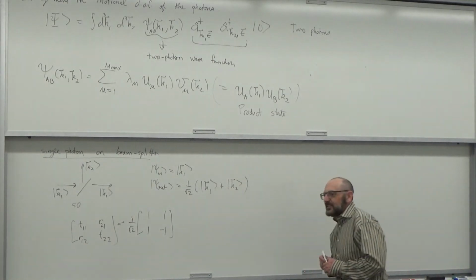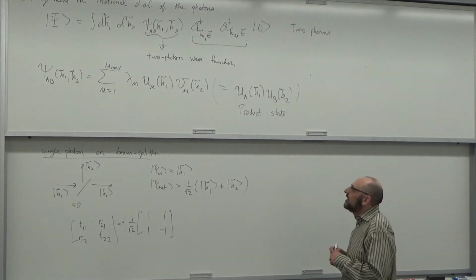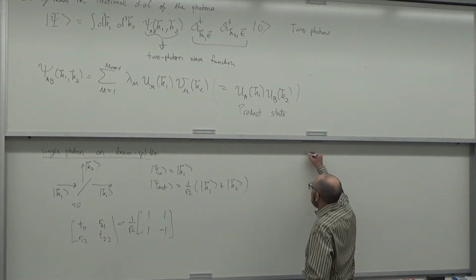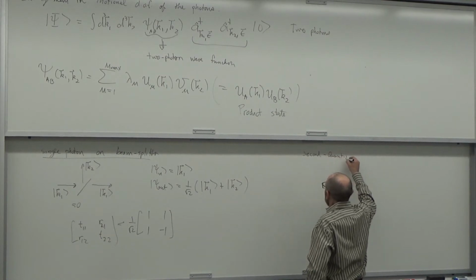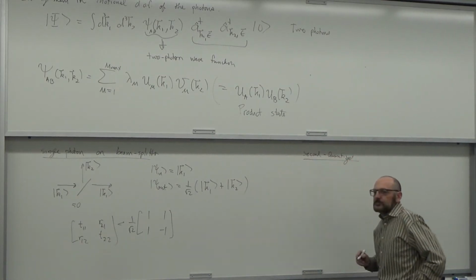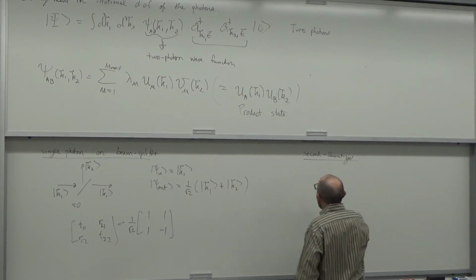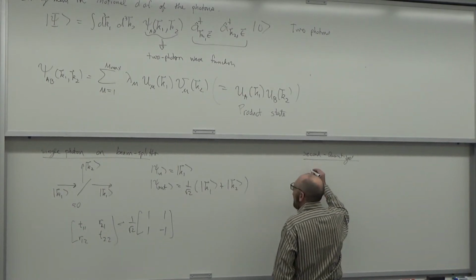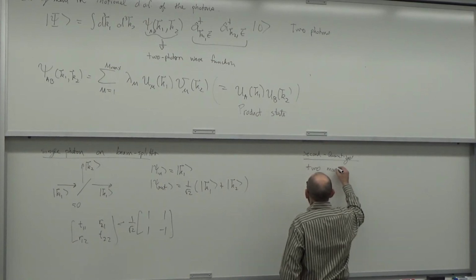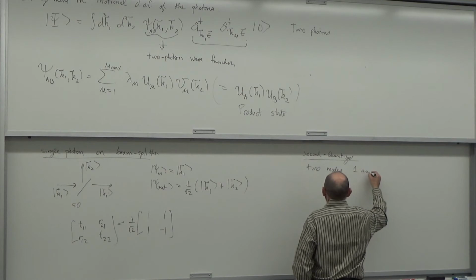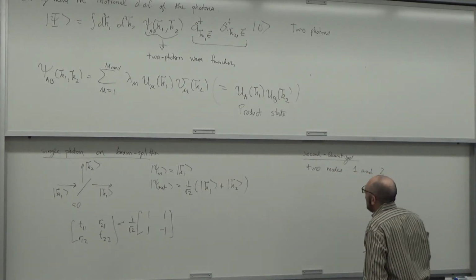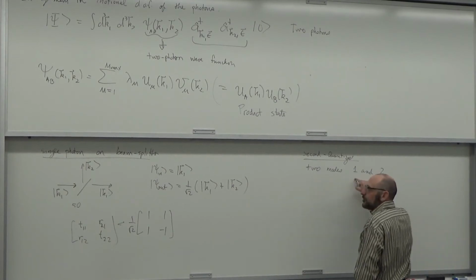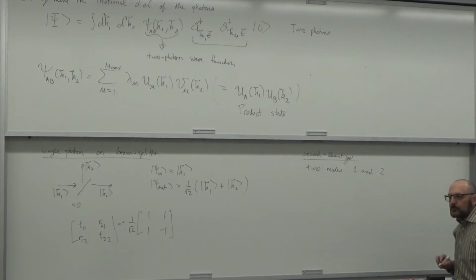That's an interesting question, because suppose I look at this in second quantized form. Suppose I say, all right, I have two modes, 1 and 2. And I have a creation operator for mode 1 and a creation operator for mode 2.